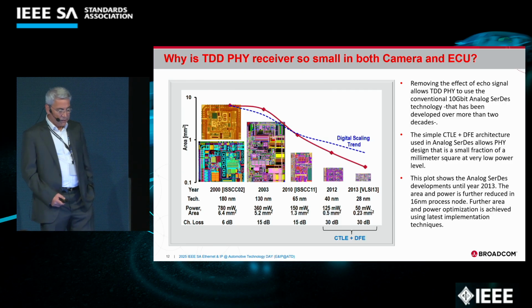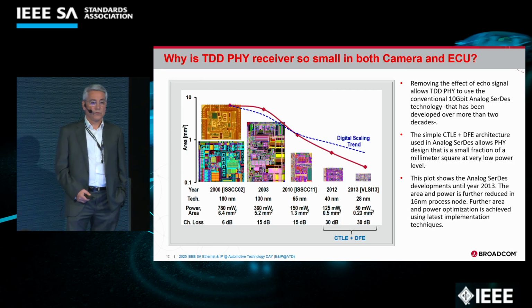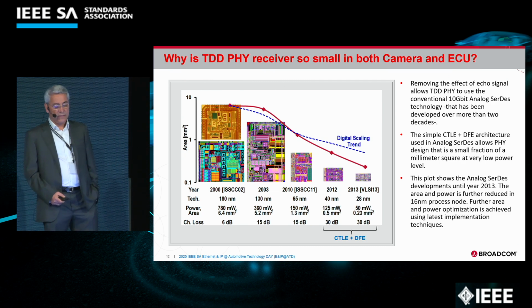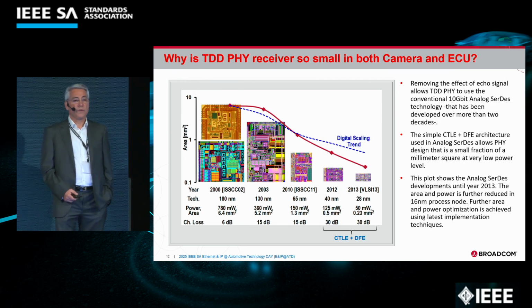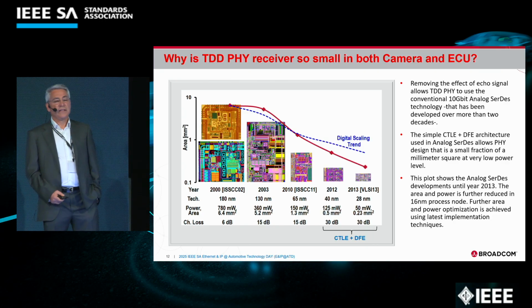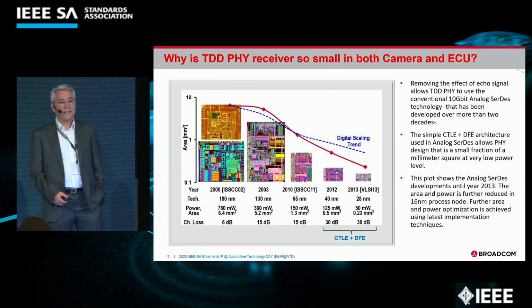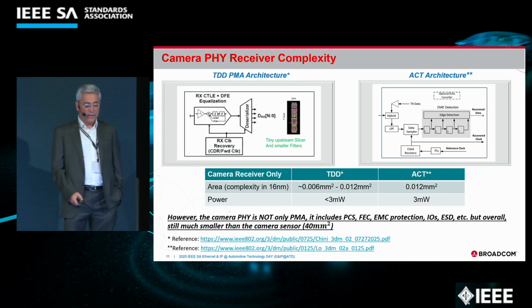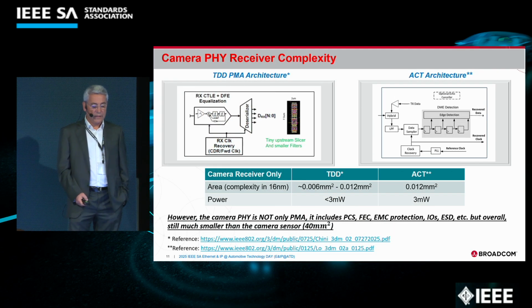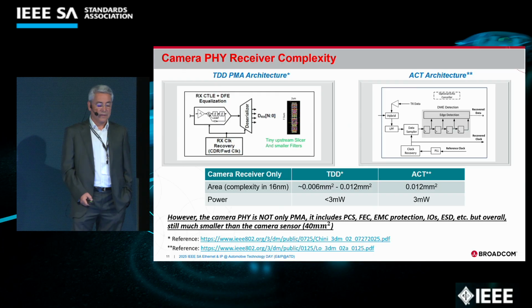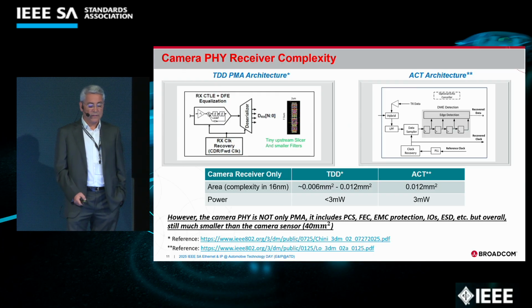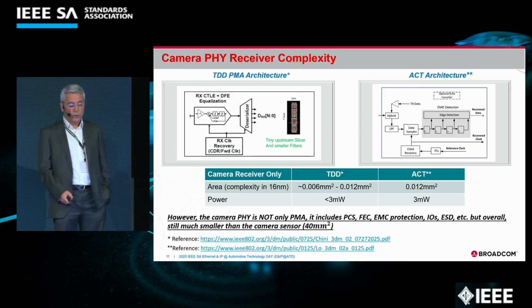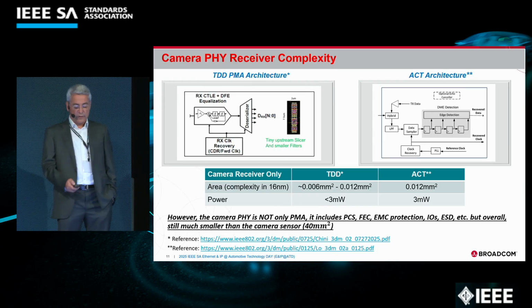Yeah, let me start addressing the complexity first, okay? As I said, for half-duplex PHY, it's a well-established technology for more than 2 decades, right? This is why I said in this slide, the area that was shown, a sample layout done in the actual circuit, is 0.012 square millimeters just for the camera receiver.